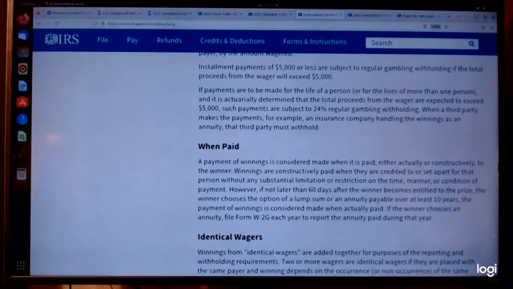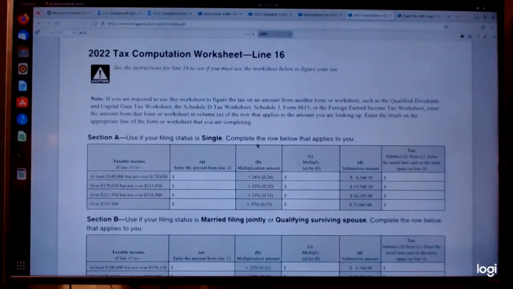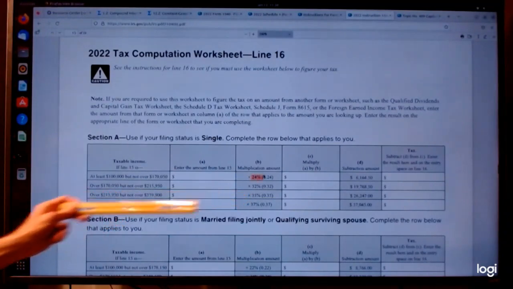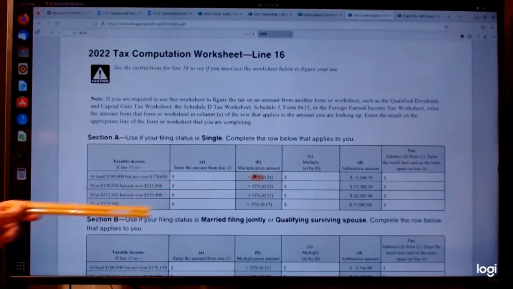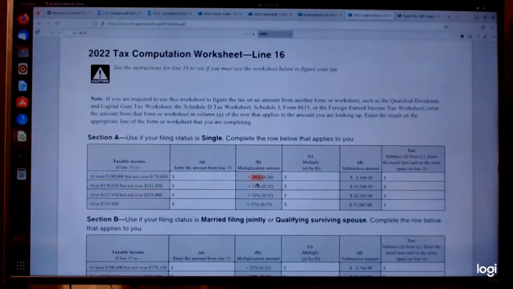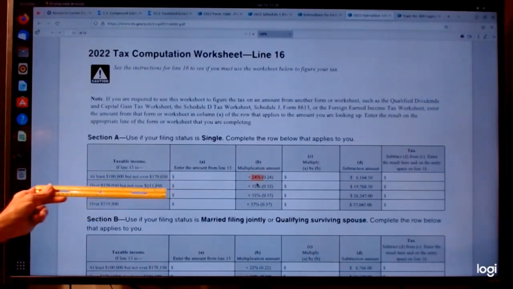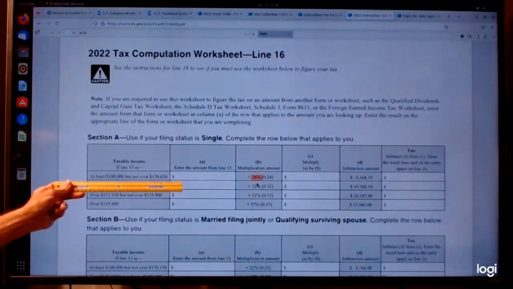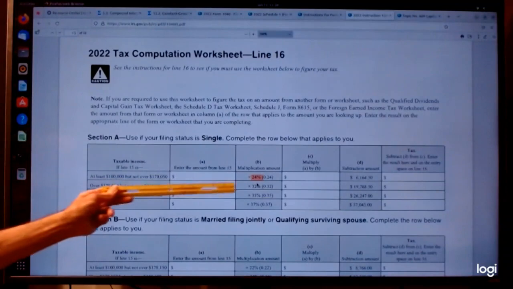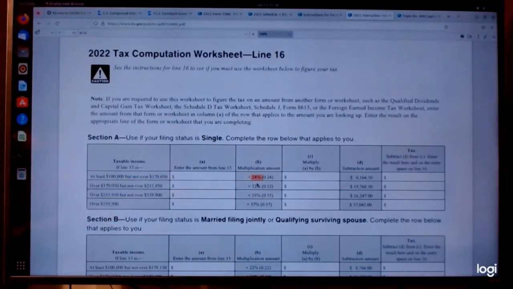So let's look at the tax table. This is the tax table. See, there's that 24% right there. And I think they're using 24% because most people are in the income range of $100,000 to $170,000, and most people don't win the big $1 billion lotteries.